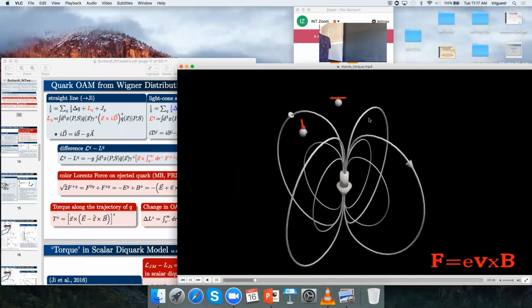So the positron that starts out here feels a magnetic field that goes this way. And if you look at the Lorentz force, v cross B, the force points this way. For this one right here, v cross B, the force goes that way.